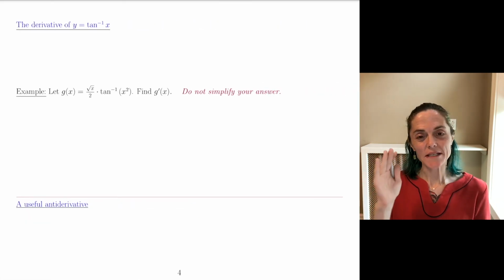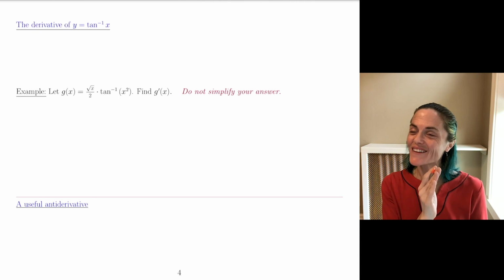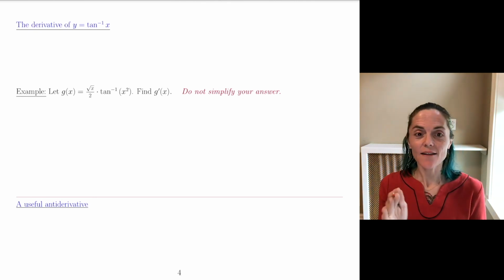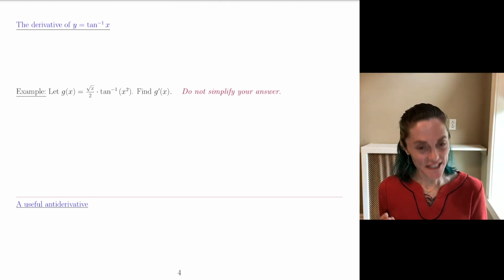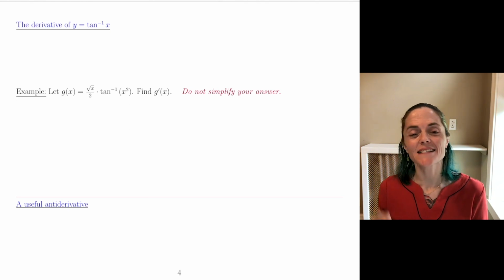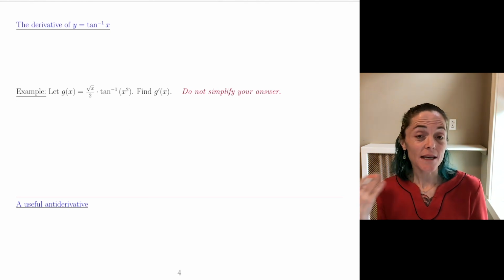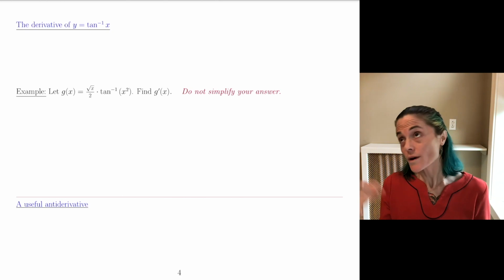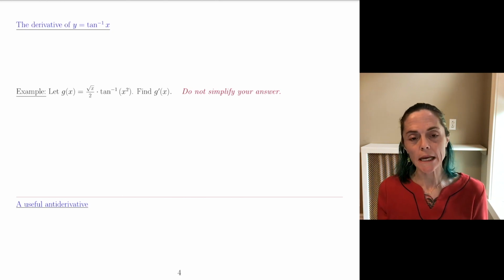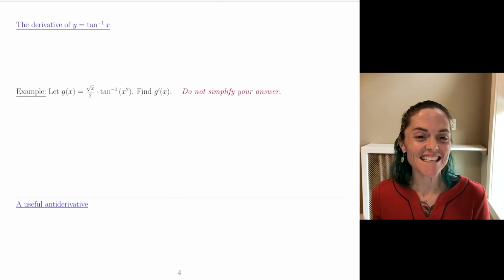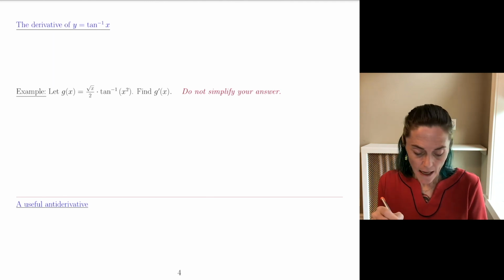Next, we talked about limits involving the inverse tangent. Now let's talk about the derivative of the inverse tangent. So you could justify this using, say, the inverse function theorem or the chain rule and some trigonometry identities, but I'll just tell you what this is.